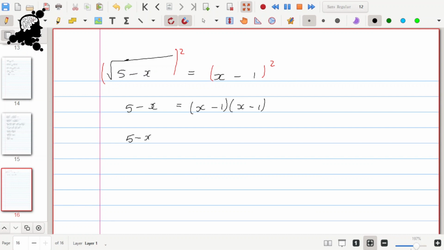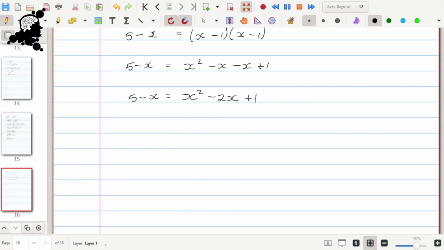So 5 minus x is going to give me x squared minus x plus 1. 5 minus x is going to be x squared minus 2x plus 1. Let's take everything to the right hand side. So 0 is equals to x squared minus 2x plus 1 plus x minus 5.